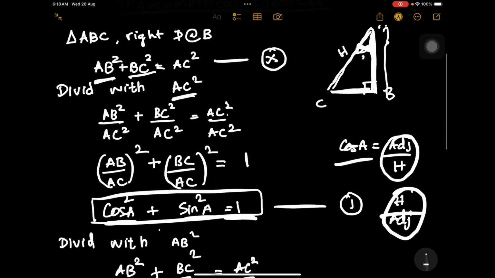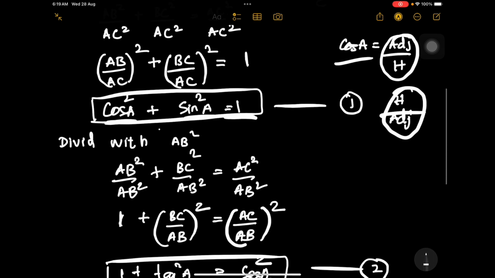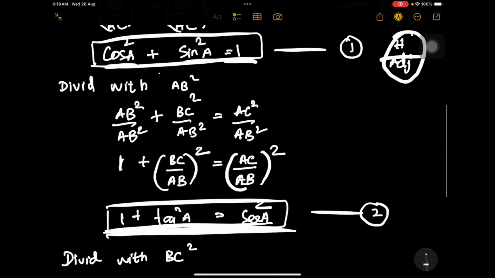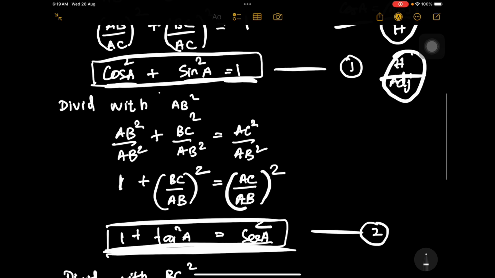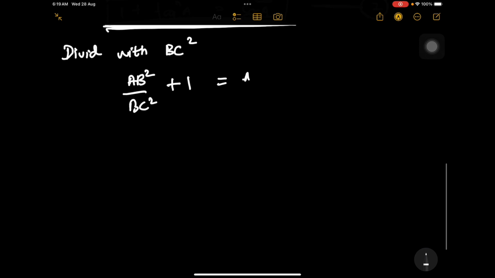So we are going to do the same with the x equation, this time dividing by BC squared. What will we get? AB squared over BC squared plus BC squared over BC squared, which is 1, and then AC squared over BC squared.